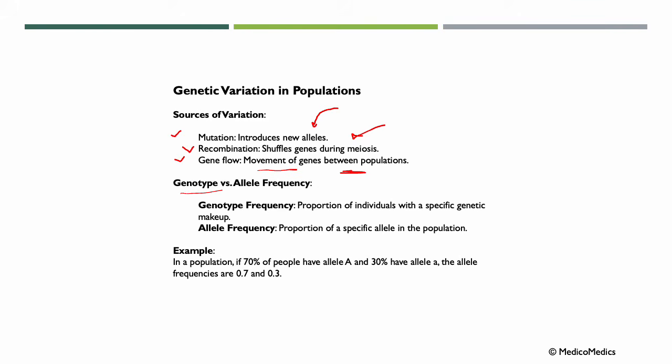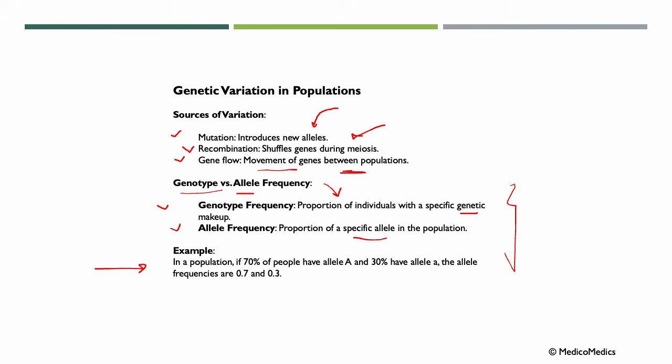Then we have the concept of genotype versus allele frequency. So genotype frequency is the proportion of individuals with a specific genetic makeup. Allele frequency means the proportion of a specific allele in the population. So genetic variation comes from mutations, gene mixing, and movement of individuals, creating diversity in a population.